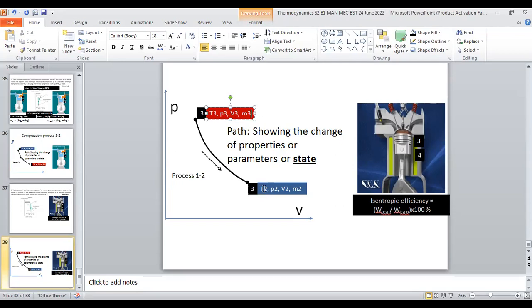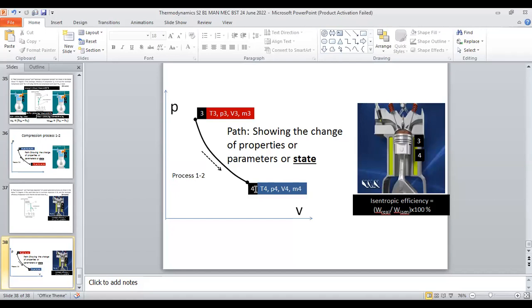So 3 to 4 here, expansion: T4, P4. M4 is equal to M3.